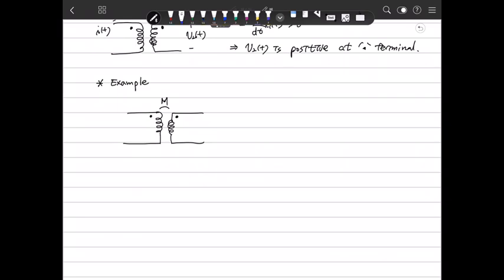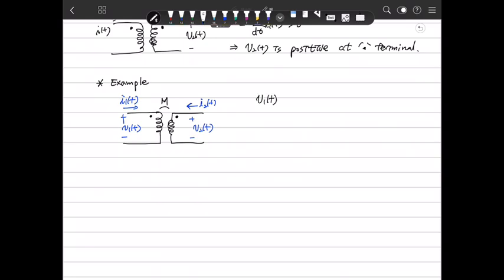I define this as V1(t), this as I1(t), and this as I2(t), with the direction going to the dot, and this as V2(t). You can change the directions as you want.